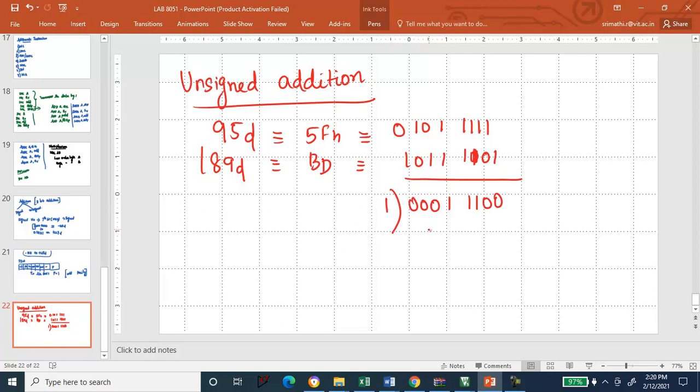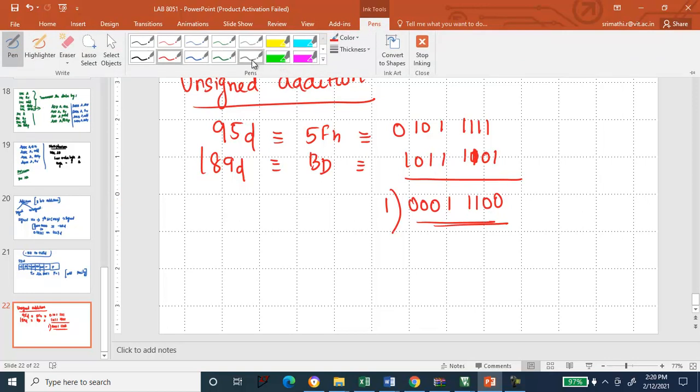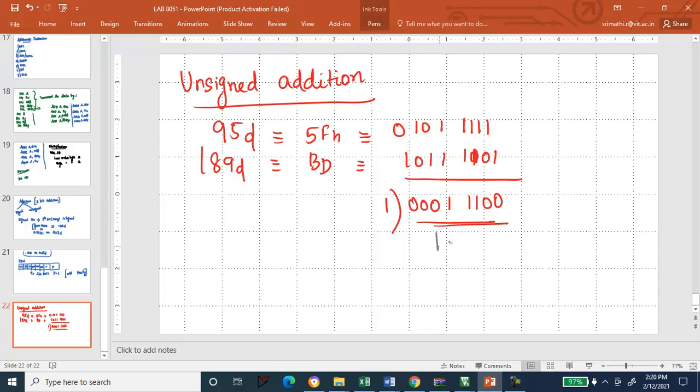So this is 1, this is C in terms of hexadecimal. So we have a carry of 1.